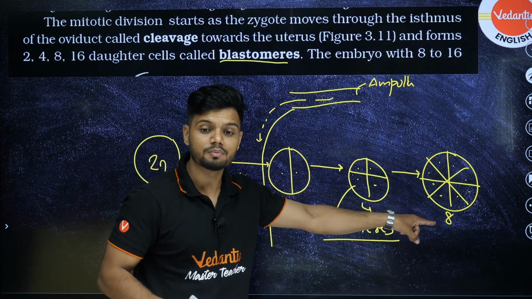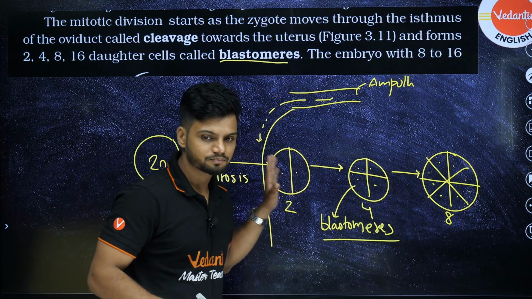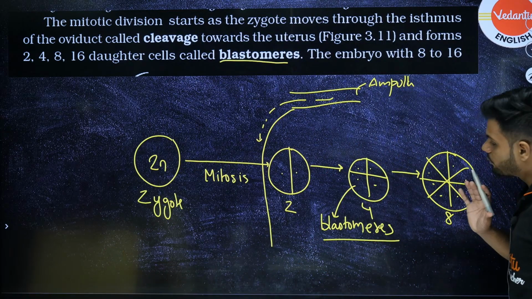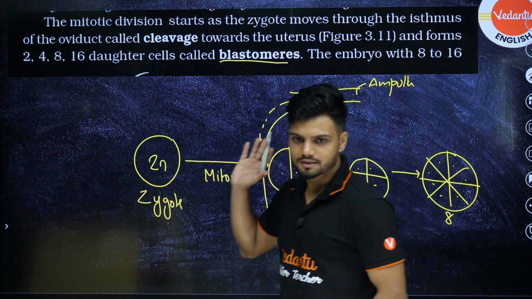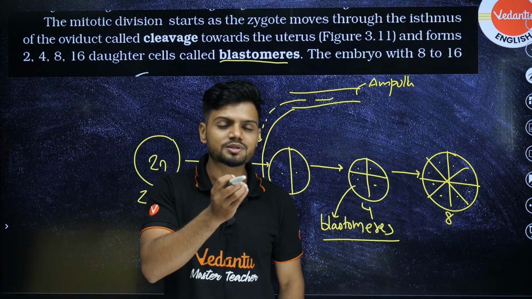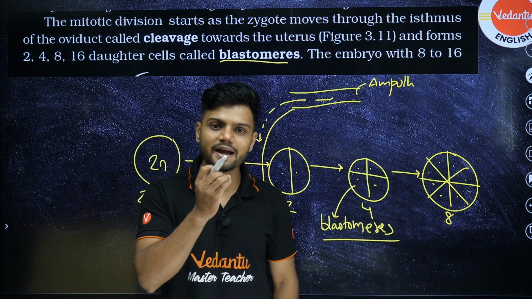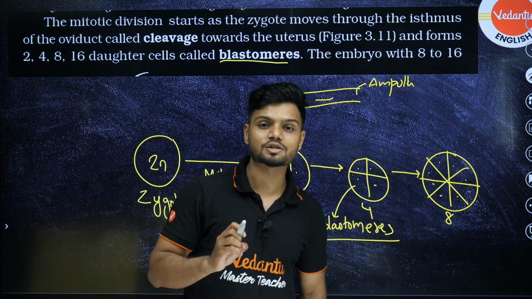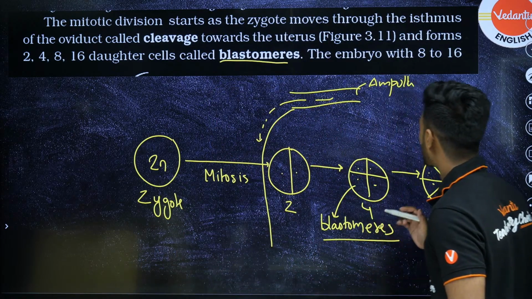Now there will be an embryo with 8 to 16 blastomeres, and that is called a morula.